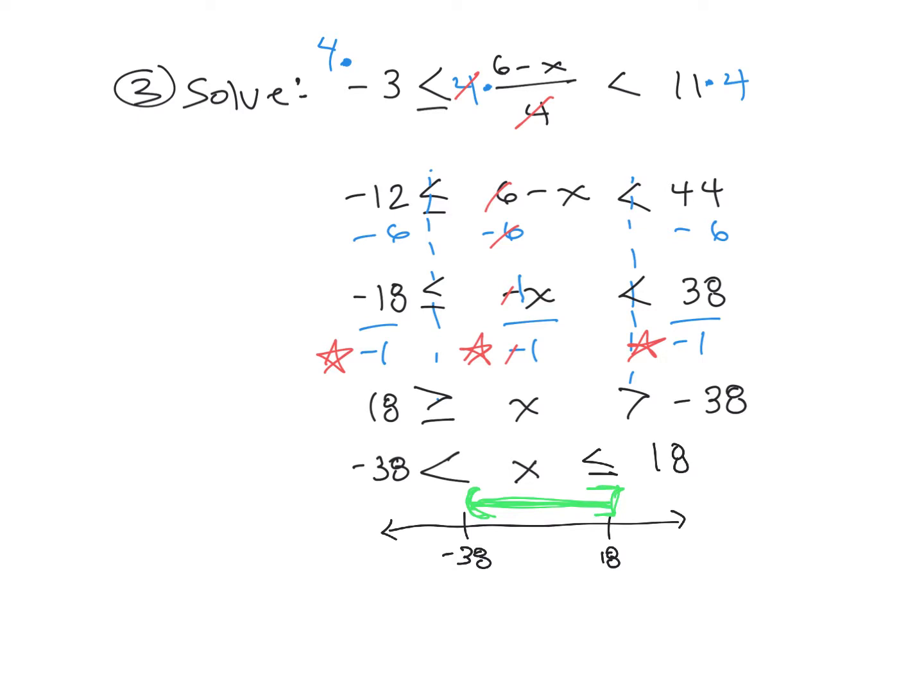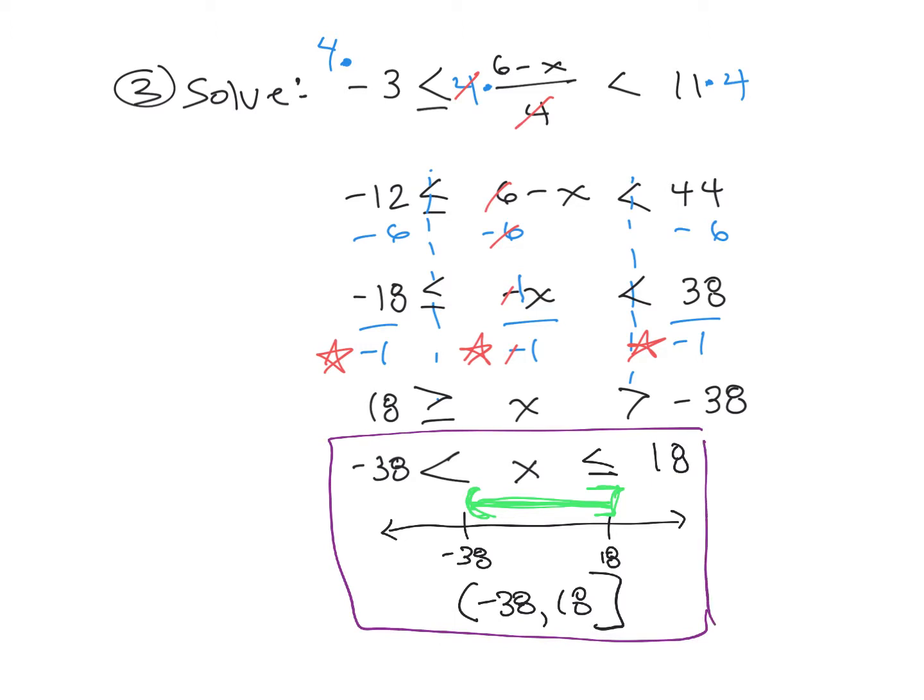And my final answer in interval notation: parenthesis, -38, comma, 18, square bracket, and that's just about the only correct final answer. As a reminder, if you didn't turn stuff around and you wrote this as square bracket 18 down to negative 38 with a parenthesis, I'm going to dock you points for that. It's always got to be smallest to largest.